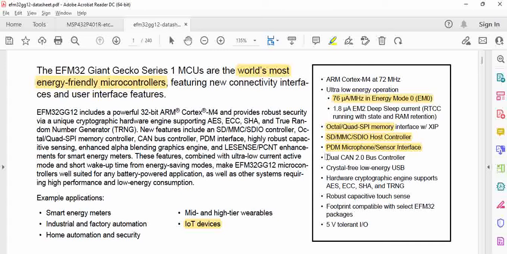Now you need to go through the data sheet and see whether you can use both CAN interfaces or only a single CAN, because the EFM32 Thunderboard in your hand has only a 64-pin QFN package microcontroller, whereas the same EFM32 Giant series also has BGA packages which cross 100 plus pin count.